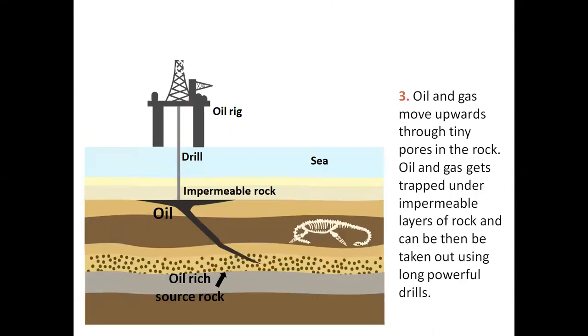Third, oil and gas move upward through tiny pores in the rock. Oil and gas get trapped under impermeable layers of rock and can then be taken out using long powerful drills.